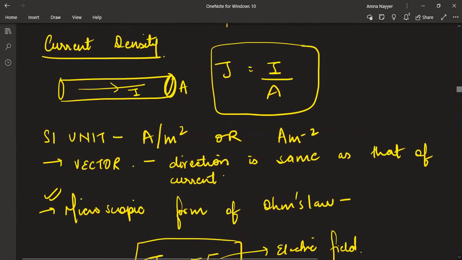Then you have current density. Current density is current per unit area. This will also not be asked separately. Usually it is asked in the form of a question where, using one of the formulas, you have to find the value of current density, and then put it in the other formula that is given.